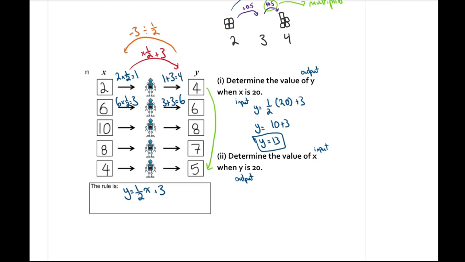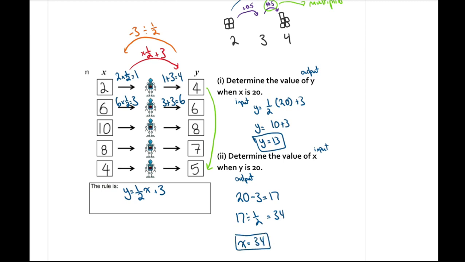So let's start off by going in reverse. We start at 20. 20 minus 3 equals 17. And then we have 17 divided by 1/2, which gives us 34. So that means our input, or our x, is 34.